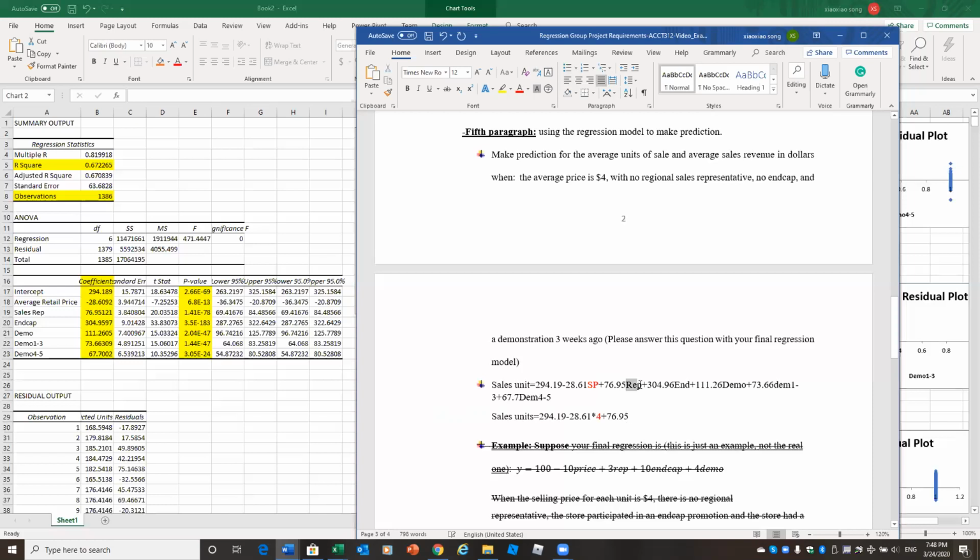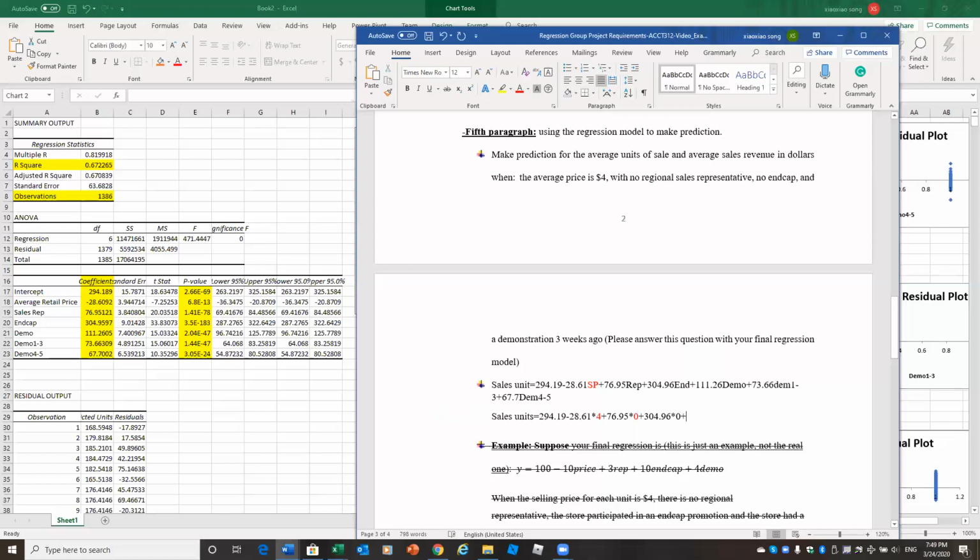Now representative, no representative. So if it's no, that means it's 0 or 1. If no, it means 0. Okay, dummy variable. If no, it means 0. And then we still put a coefficient there. End cap, no end cap. One more time, no end cap. 0 or 1, 0, right? So we times, instead of the variable, we know it's already 0.